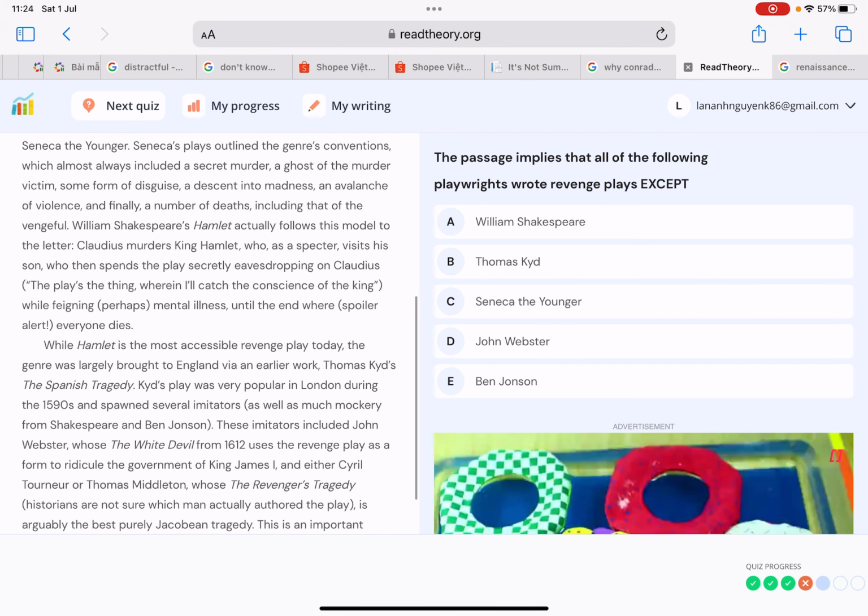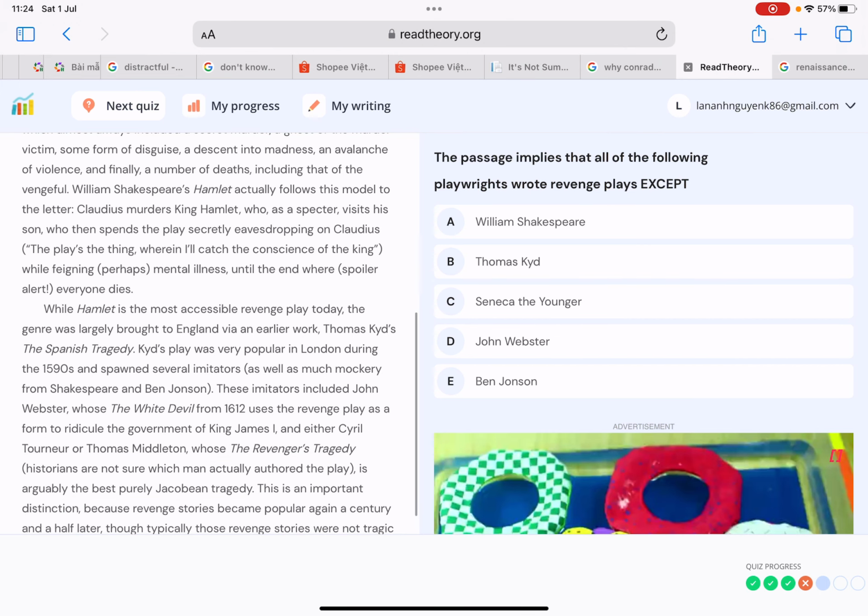What about the others? I don't see John Webster or Ben Jonson here. Oh, we have John Webster here. I think it is Ben Jonson. Yeah.